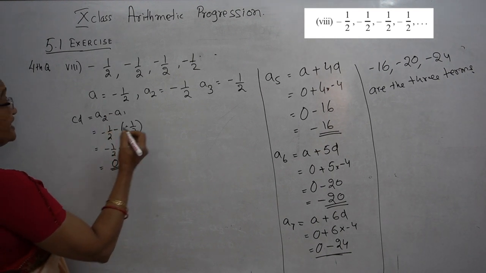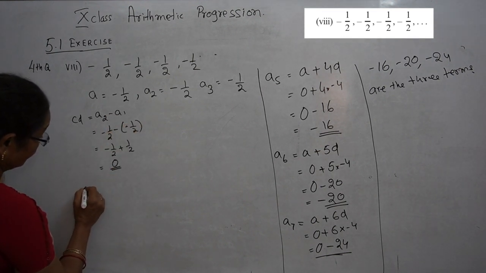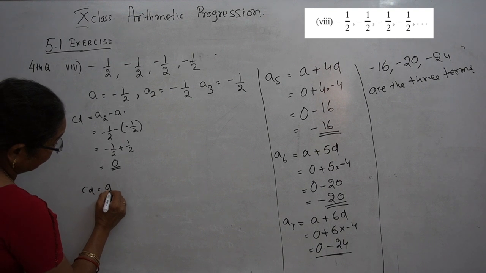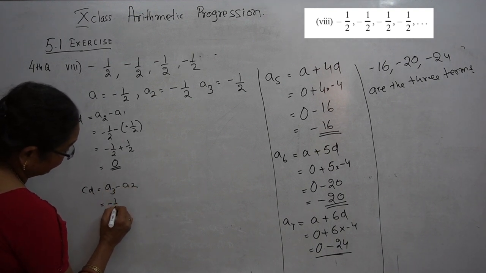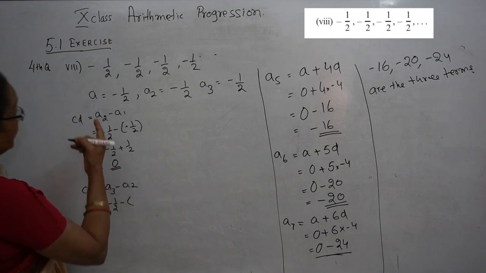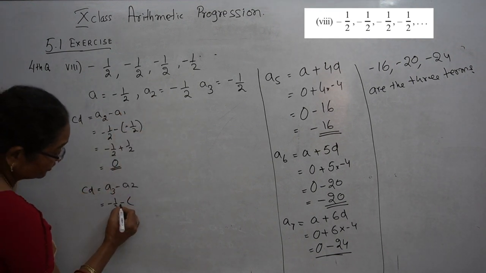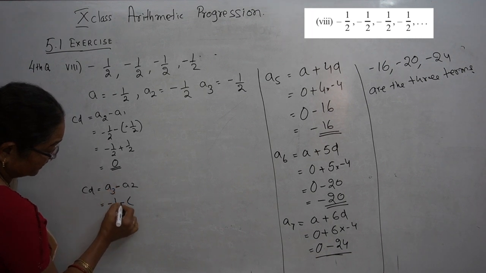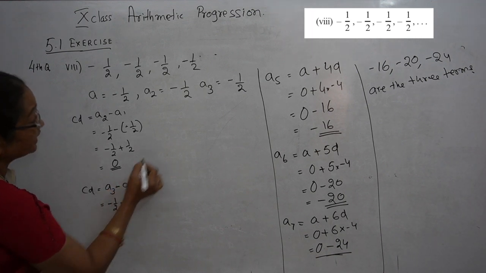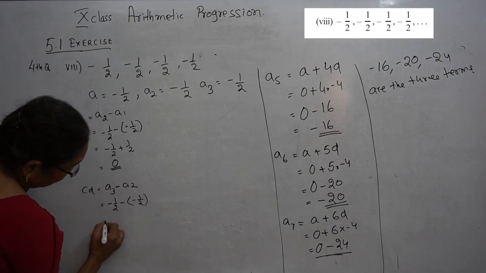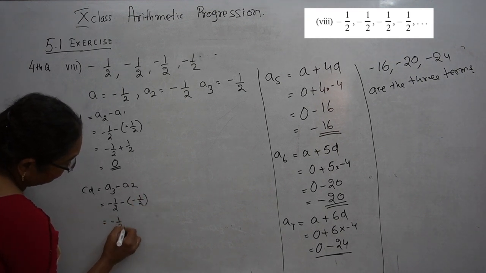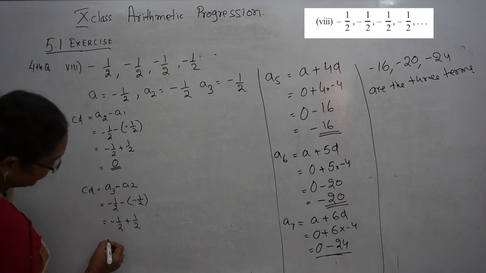But let's see the next difference, A3 minus A2. A3 is minus half, then minus A2, which is also minus half. So this minus I put over here. A2 is minus half, minus half. Now multiply, minus half, minus into minus is plus half. Here also same, plus and minus cancel.